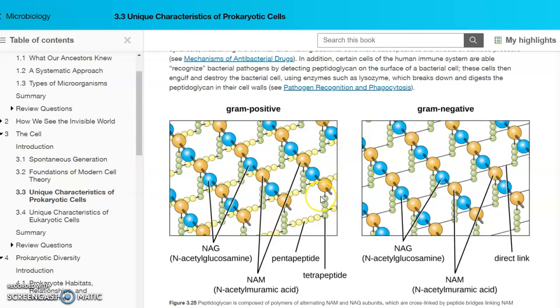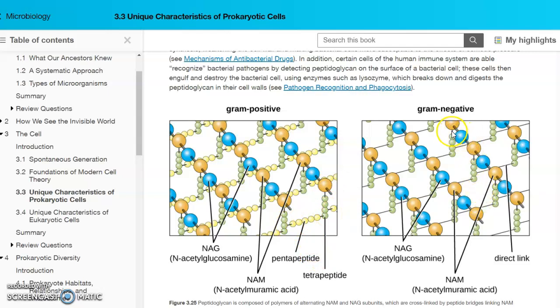Now, this provides the cell wall with strength, but what you'll notice here is a very fundamental difference between what we refer to as gram-positive and gram-negative cell walls. In the gram-positive cell walls, we have these pentapeptides and tetrapeptides.